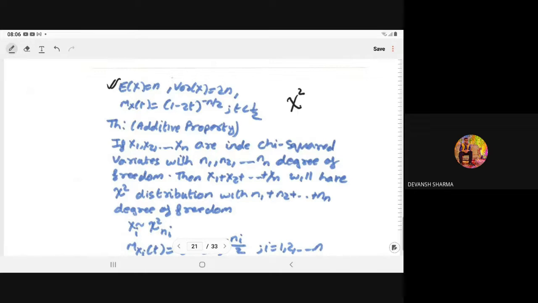What is given to you? Xi follows the chi-square distribution with degree of freedom ni.